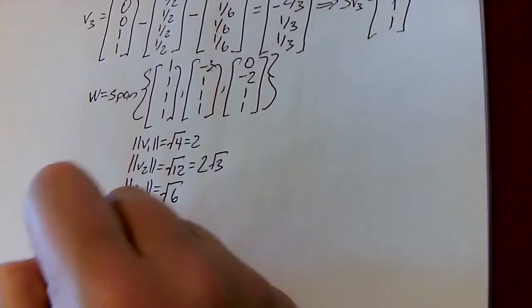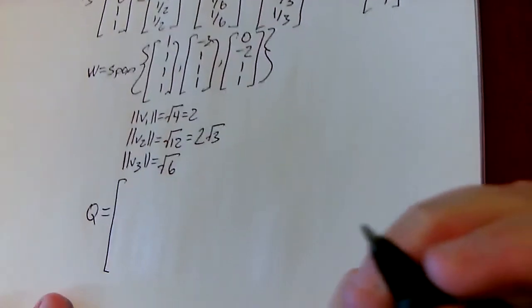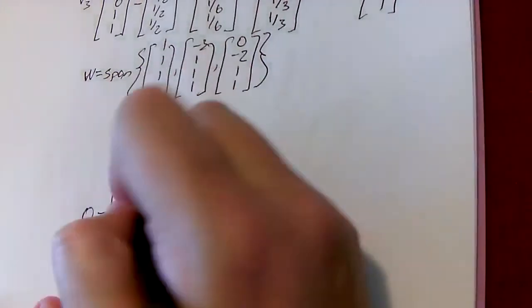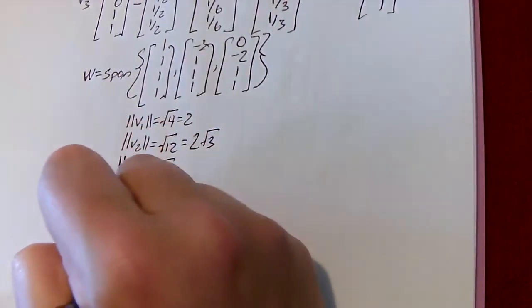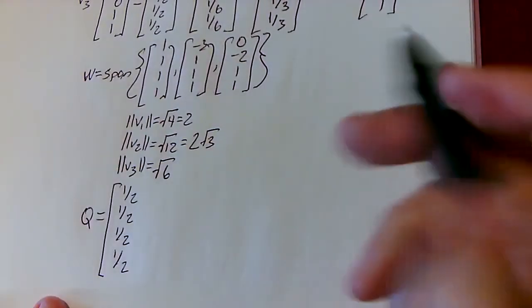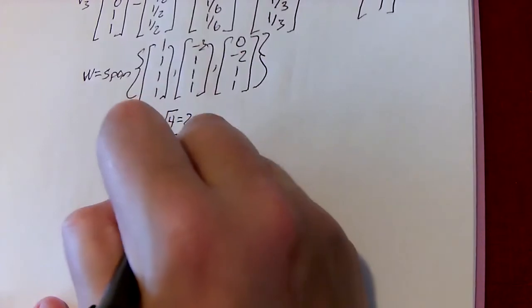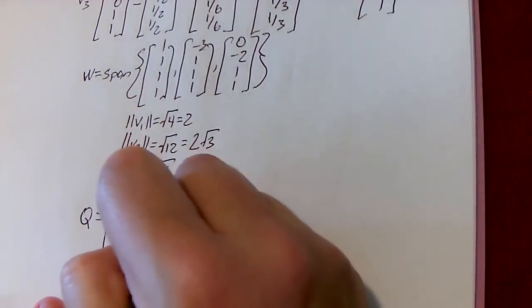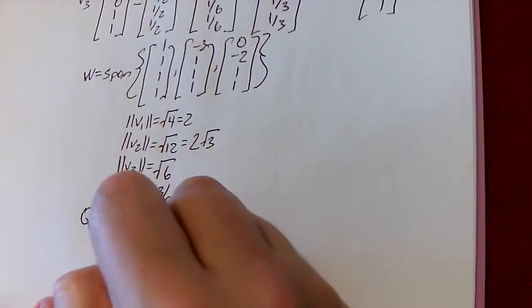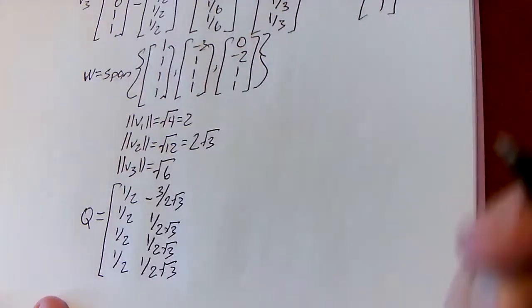So my orthonormal basis, which we know makes up the matrix Q, is going to be 1/2, 1/2, 1/2, and 1/2, because I took all the ones and divided them by 2. I'm going to have -3 over 2 square roots of 3, 1 over 2 square roots of 3, 1 over 2 square roots of 3, and 1 over 2 square roots of 3.